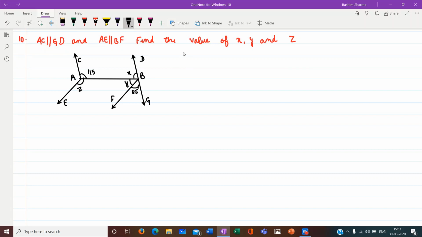Okay, so let us write here, when AC is parallel to GD and AB is the transversal, we get x plus 115 is equal to 180 degree, because these are co-interior angles.